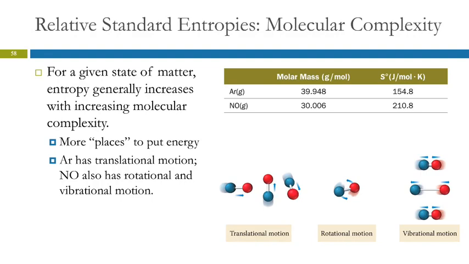And so that's another place to put energy. Well, I guess the argon doesn't have rotational motion. Yeah, because it's like a sphere. It's symmetrical, right? So that's no different. Sorry. Screwed up on that one. Does that make sense, though? So the more ways that it can move, the more entropy it has.